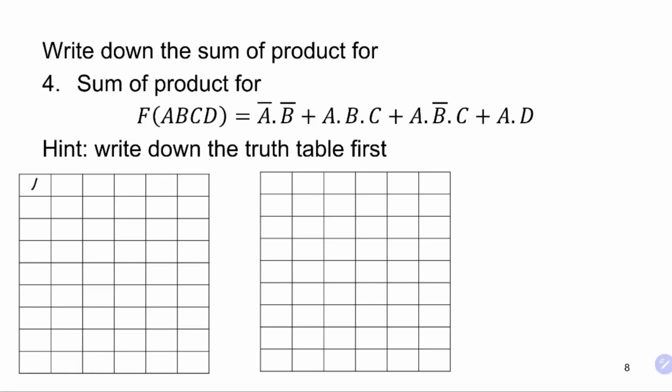So now we have A, B, C, D. I'm not going to work out all the product terms. I'll use what I've said just now, identify from A, B, C, and D, and then deduce what is the F function from this.